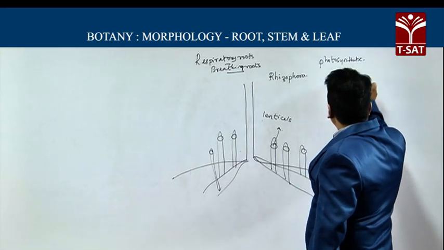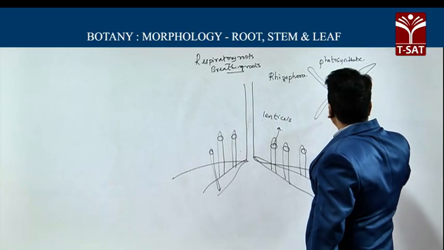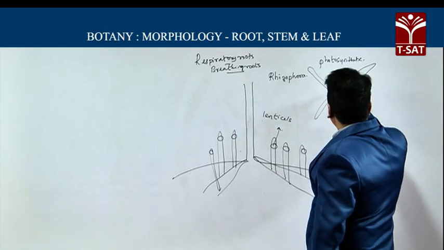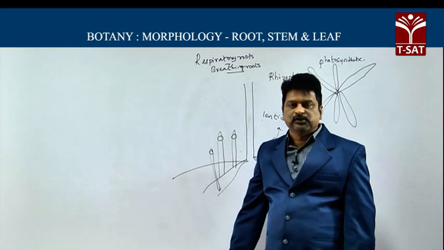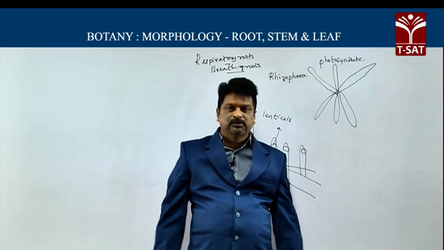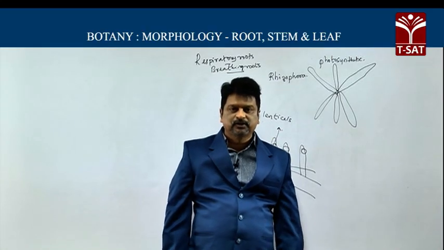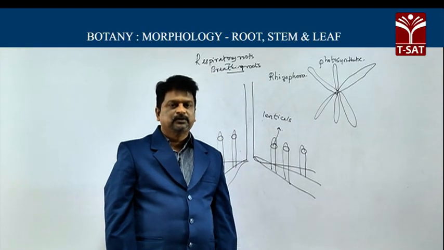So these roots become green and perform photosynthesis. Such roots are called photosynthetic roots or assimilatory roots. Example is Taeniophyllum.